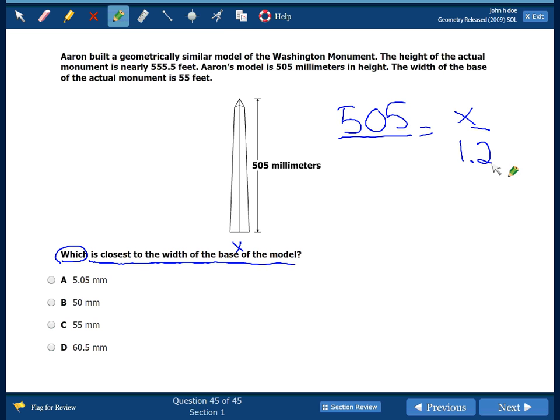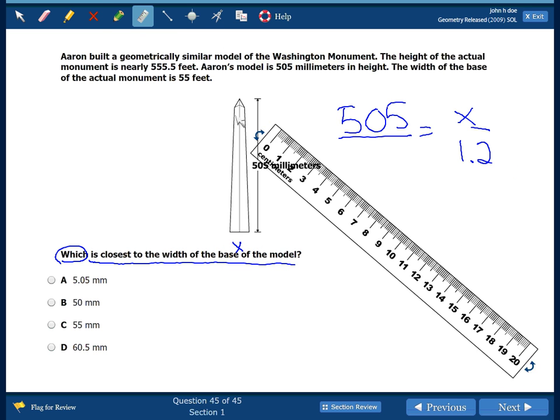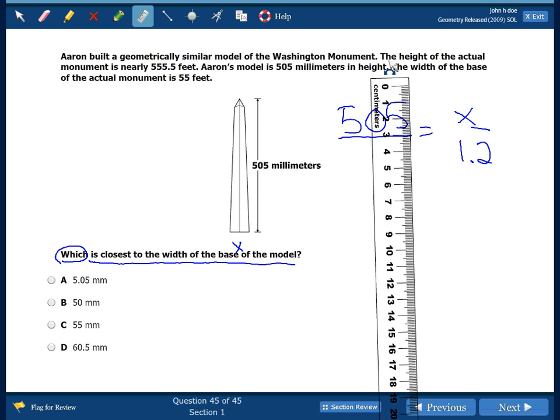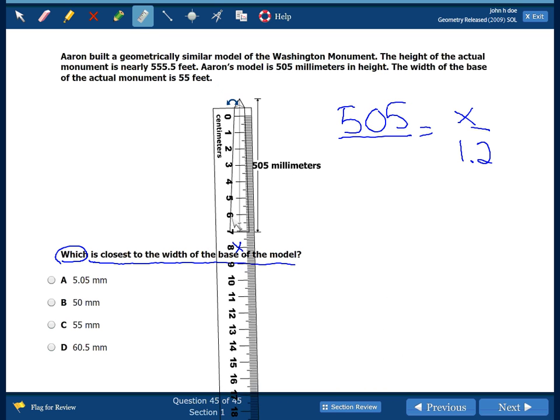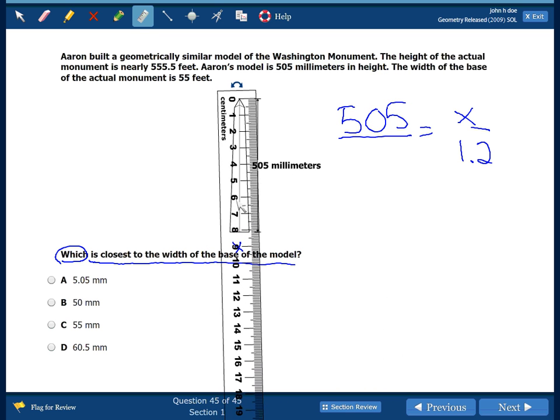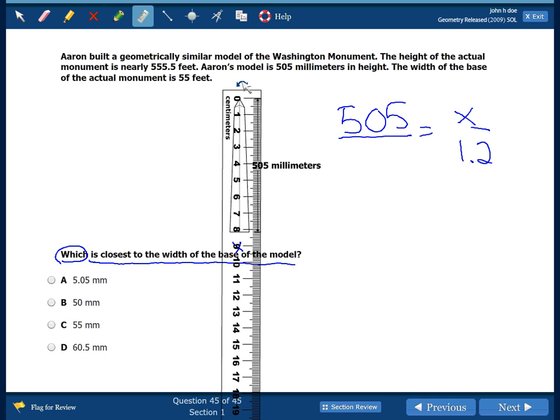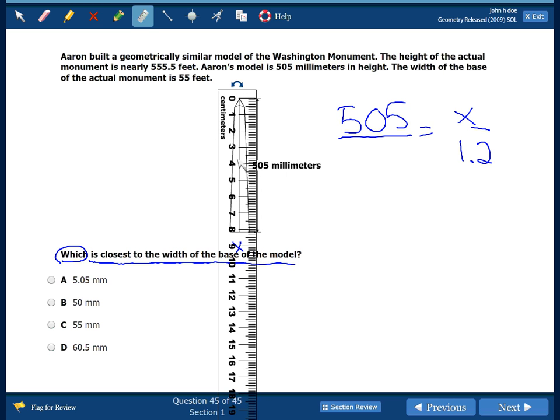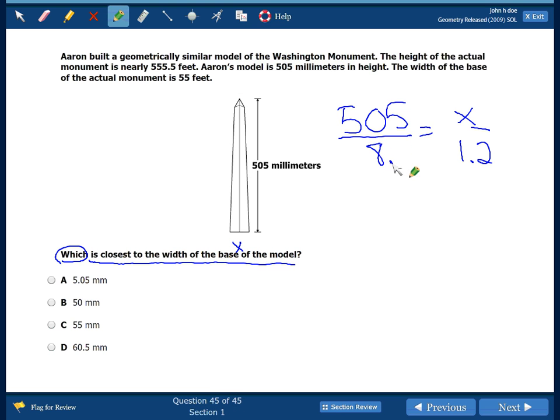And whenever we measure the height, it would make sense to measure this right here, because it's saying this is 505. So we get 8.1 as the height. Whenever we cross multiply this, we're going to have a problem though.